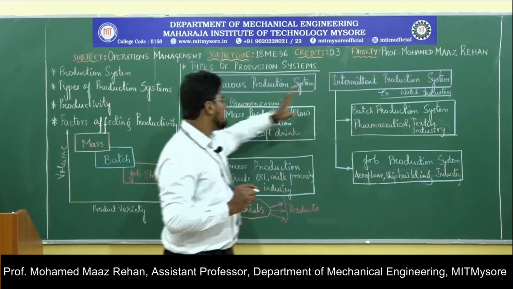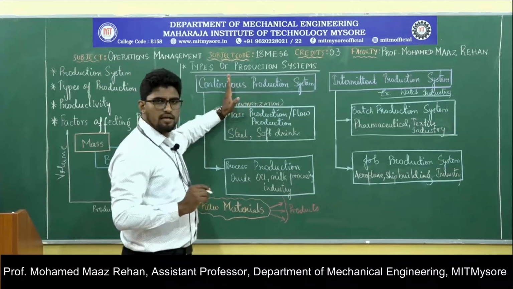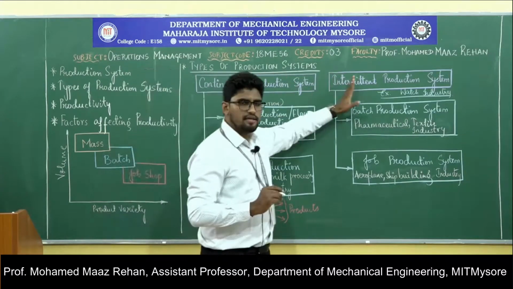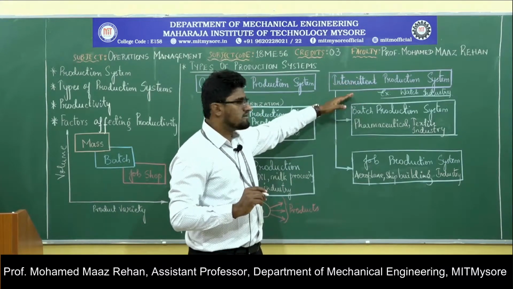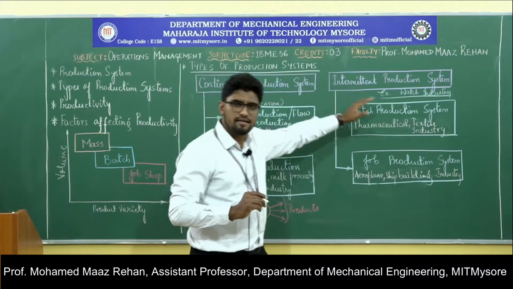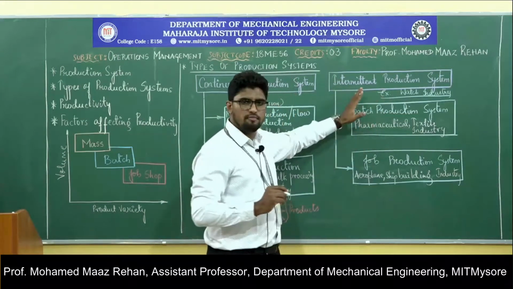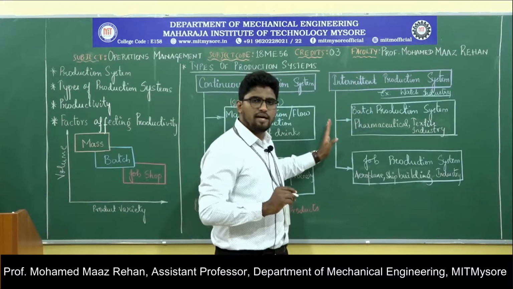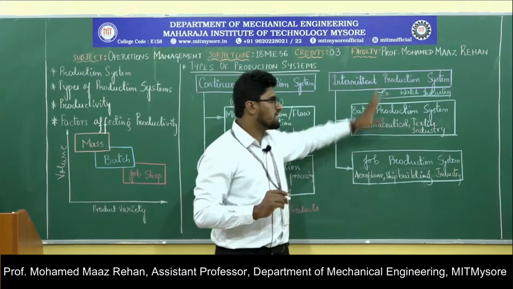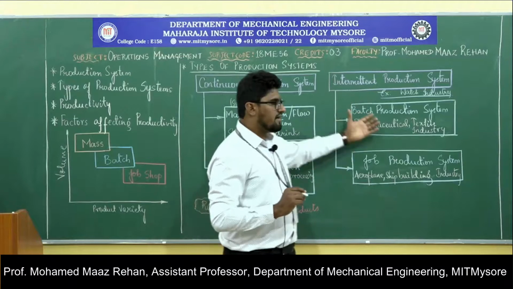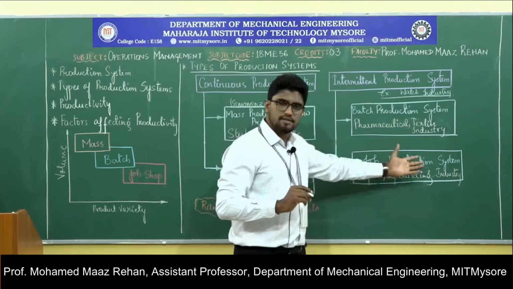Only the standardized thing is in continuous production system, whereas in case of intermediate system, we are not going to manufacture standardized products. In intermediate production system, we have a range of products. Under this we have batch production system and job production system.